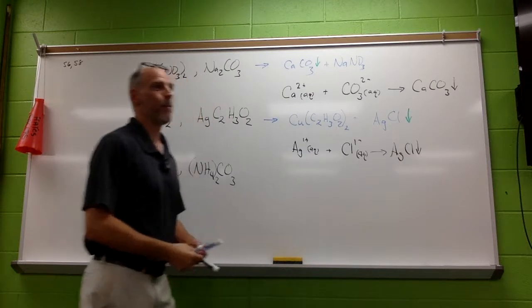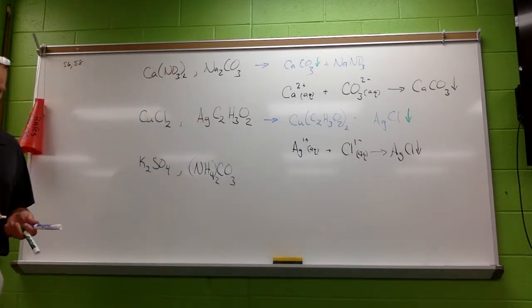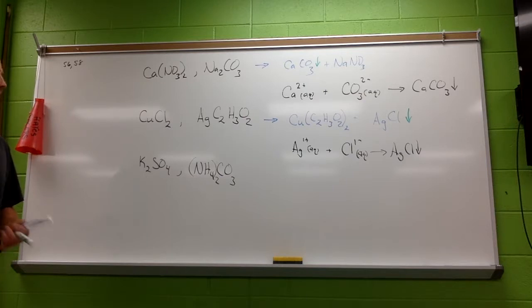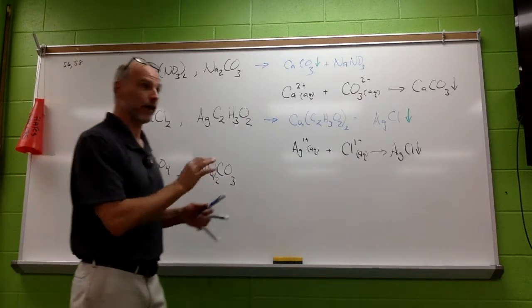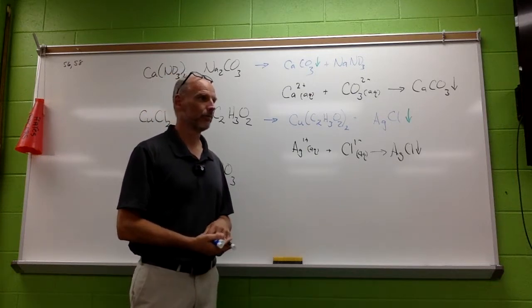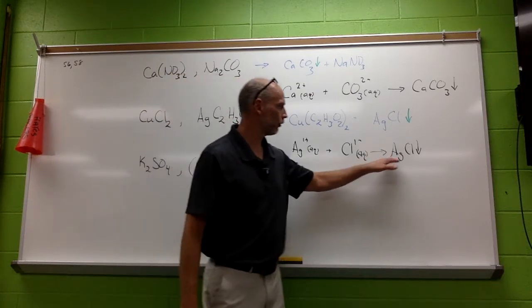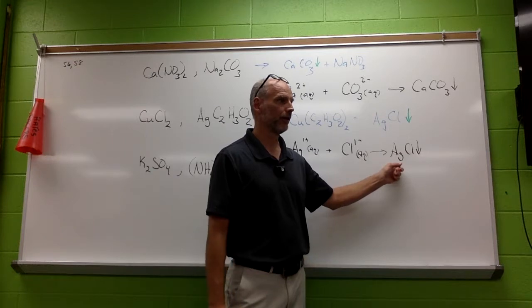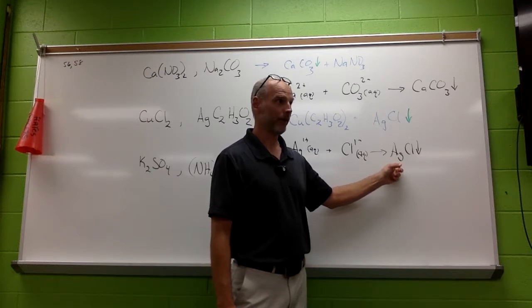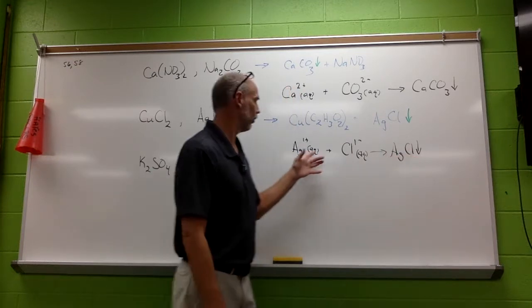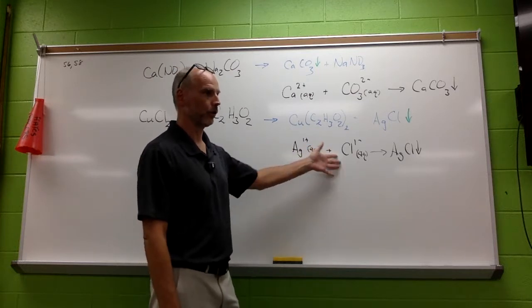Yes, Emily? Do you have to write coefficients? Because technically, it would be Cl2. Oh, no. Yes, you write the coefficients. However, to form silver chloride, how many silvers are there? You see what I'm saying? So each silver chloride is only going to be one silver and one chloride.